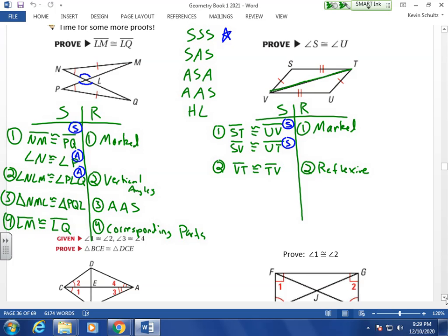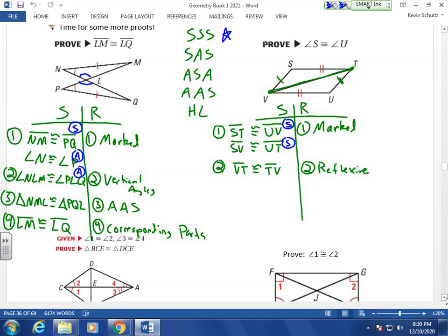That order does make a difference there. VT on the top triangle is starting at point V, which is next to our single mark side there. So for the bottom triangle, that same side, I've got to start with point T, because that's also next to our single mark side there. So that's why the order there is the way it is.